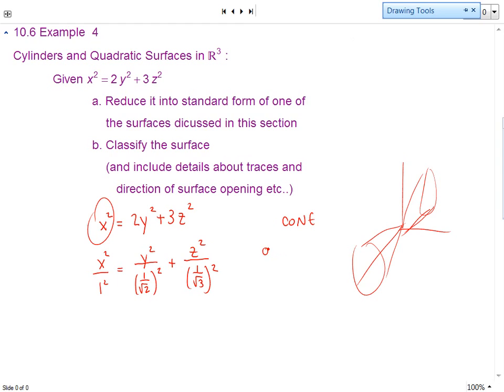But I'd put here opens down x-axis. That's pretty much all I'm asking for. Identify the equation, put it in its standard form, and that way you can identify. In this case, you would be identifying what A, B, and C are, right? Out of the formula. Questions on that?